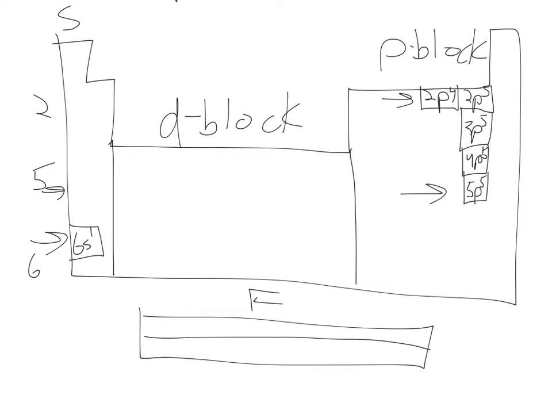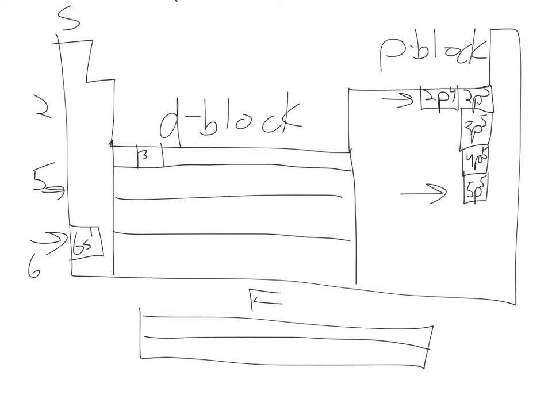But you probably noticed, if you had any, in the D block, you noticed something different. For instance, titanium right here is a 3d2, but it's on row 4. That might have tripped you up.